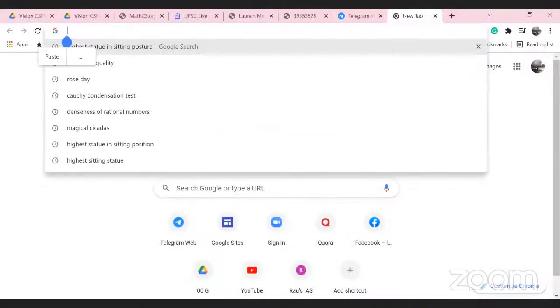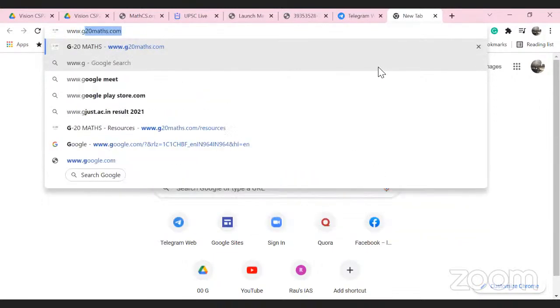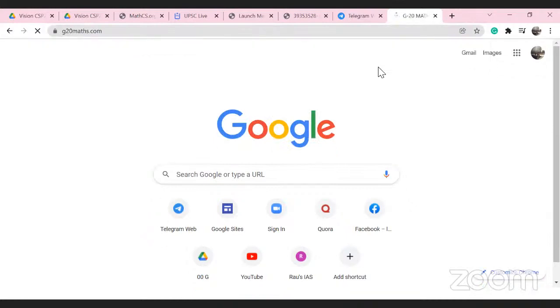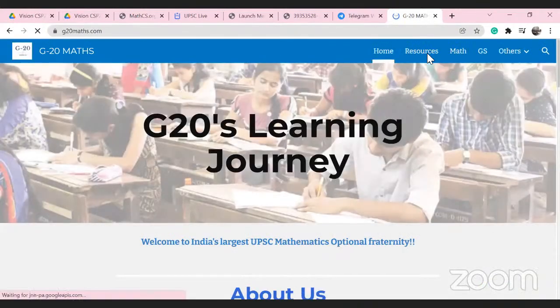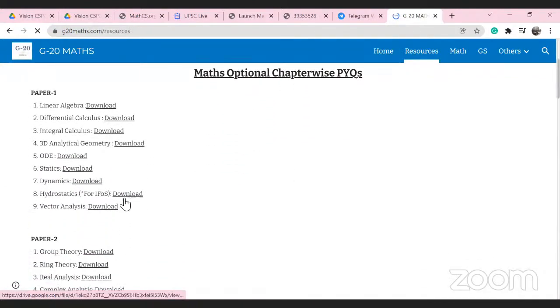So let's go to your browser. You type www.g20maths.com on your phone or on your laptop, and go to the resources page. On the top you can see maths optional chapter wise PYQs.